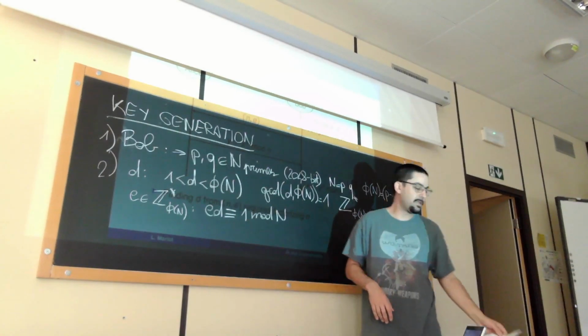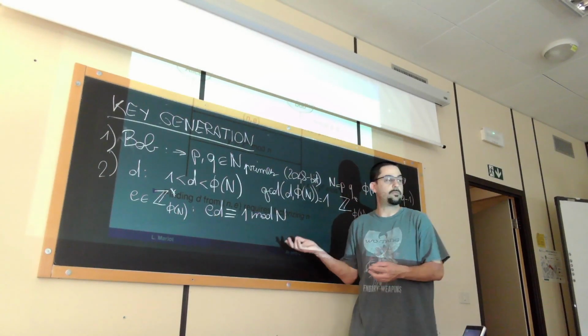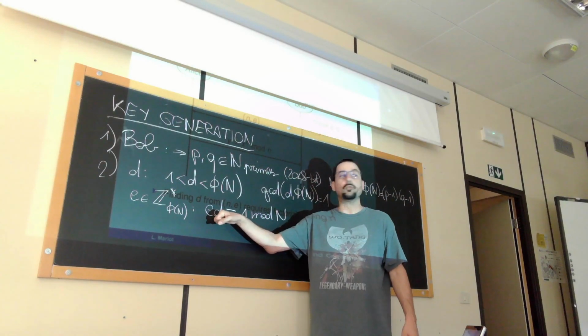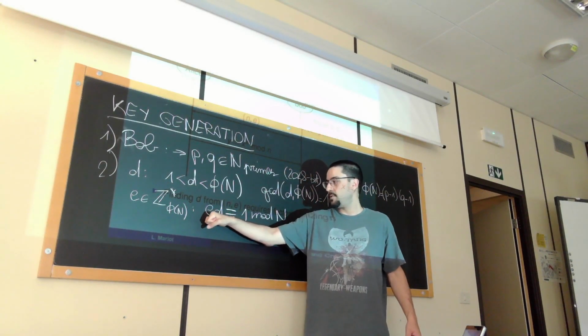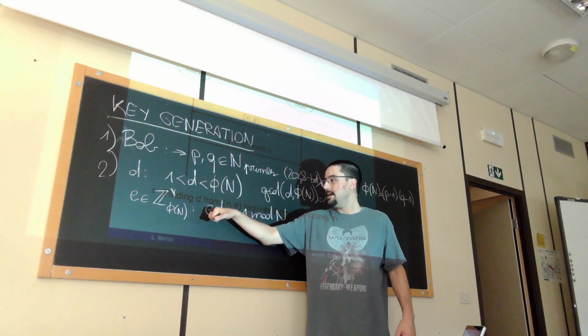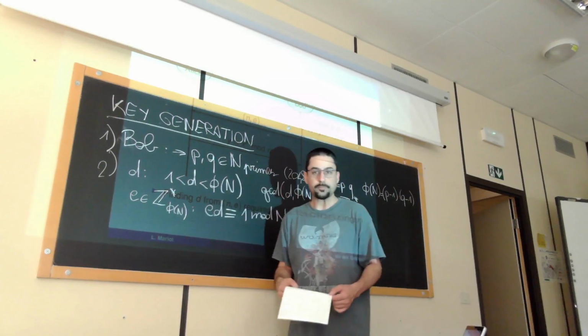It means basically that if we multiply this, we are getting the unity of the group, and this is good because we want to make sure to be able to decrypt. So if we first encrypt by exponentiating with E, and then we decrypt by exponentiating by D, then we are going back to the original message.